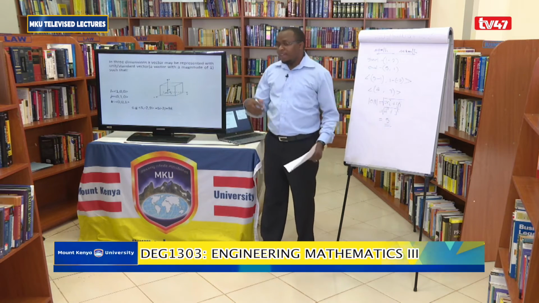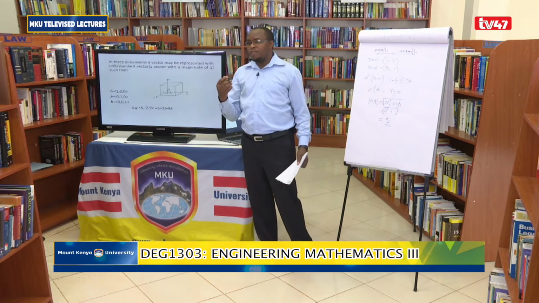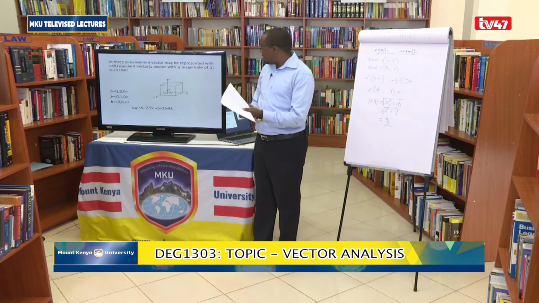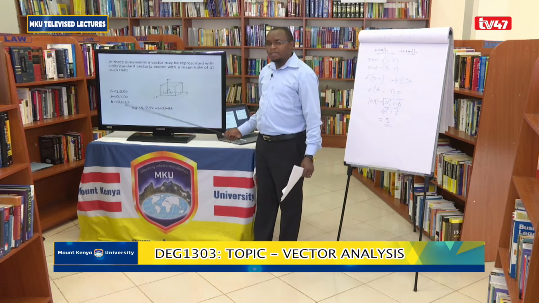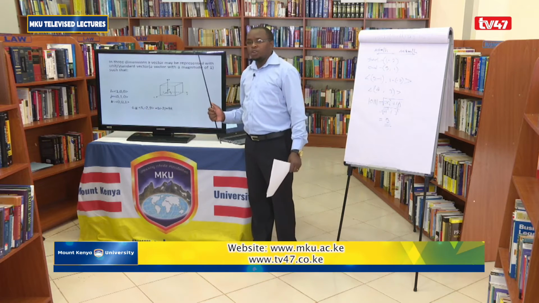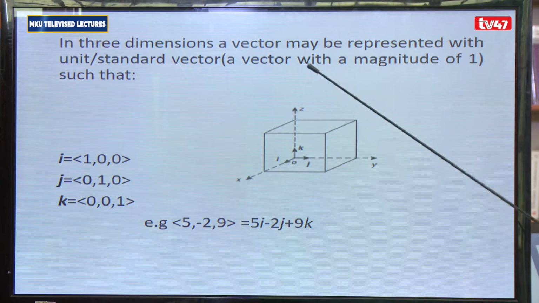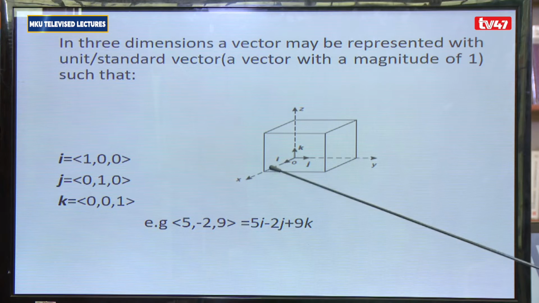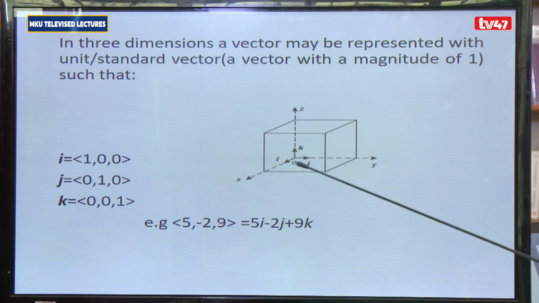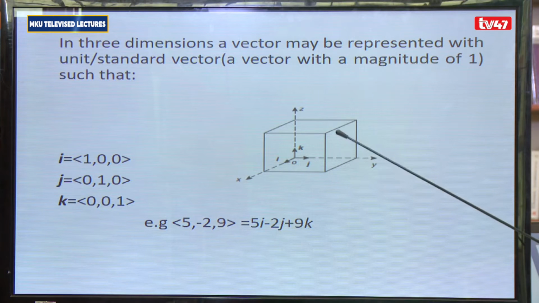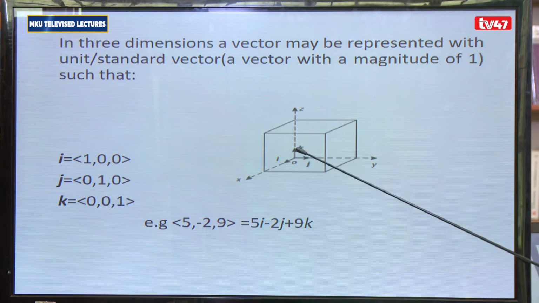Now, the last way of expressing vectors is by use of unit vectors, in which we have 3 dimensions, whereby we have i, j and k, of which i represents the x-axis, j the y-axis, and k the z-axis.